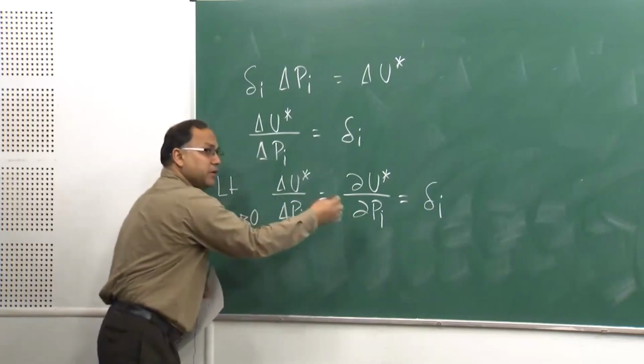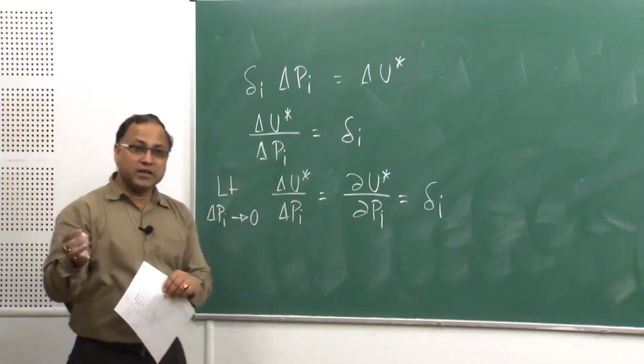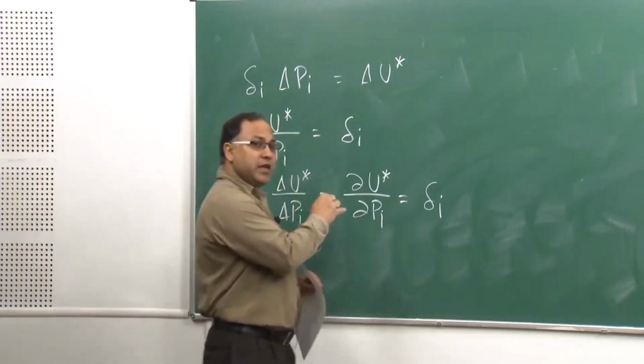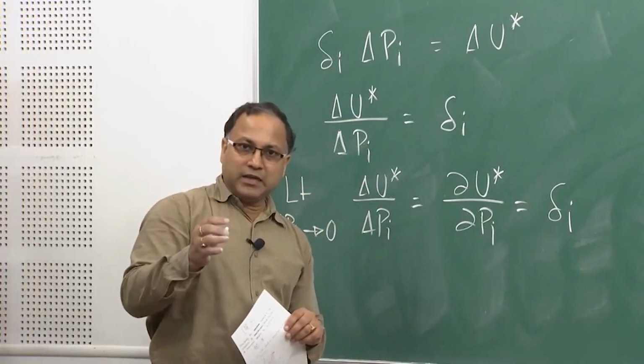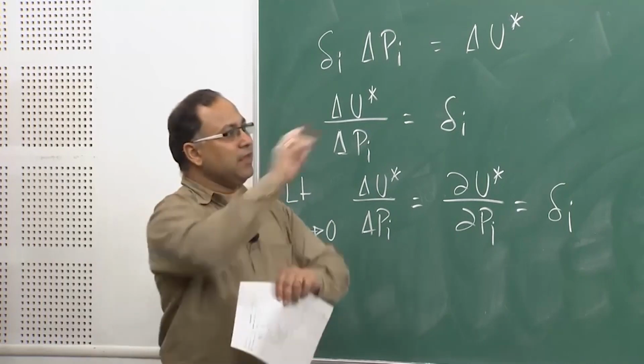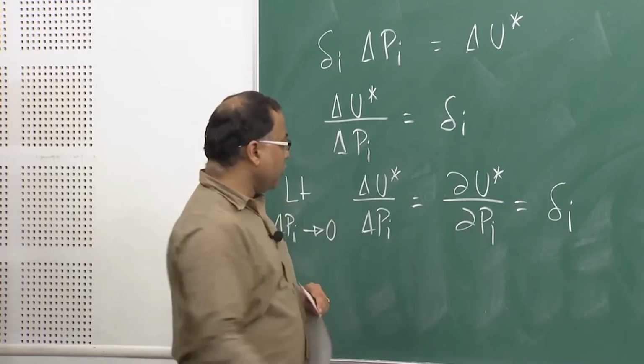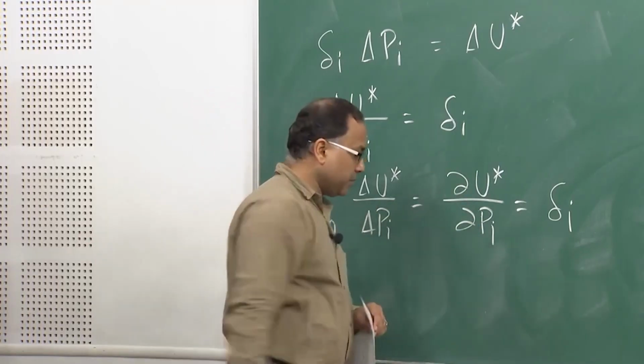Now, this partial derivative has been introduced instead of the total derivative. You are using the partial derivative to show that only the force Pi is being altered, while other forces remain fixed. Now, what have you got from this?